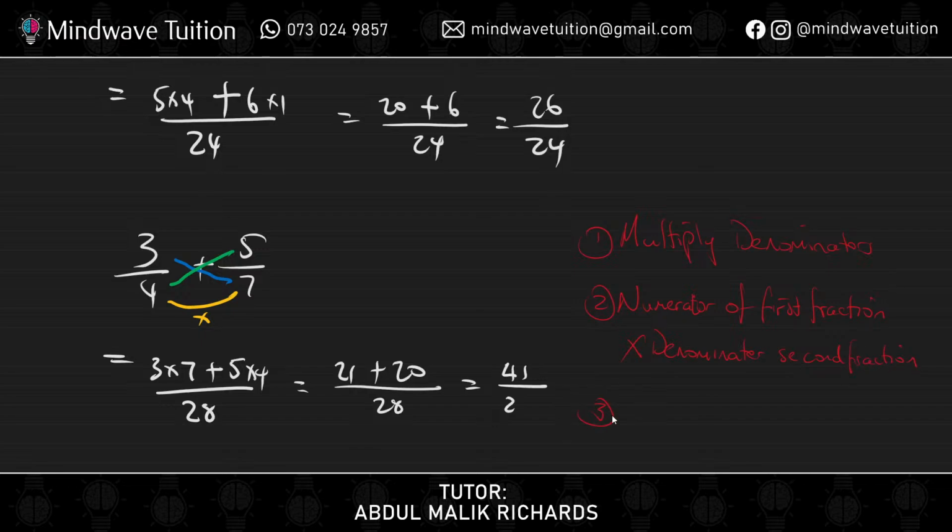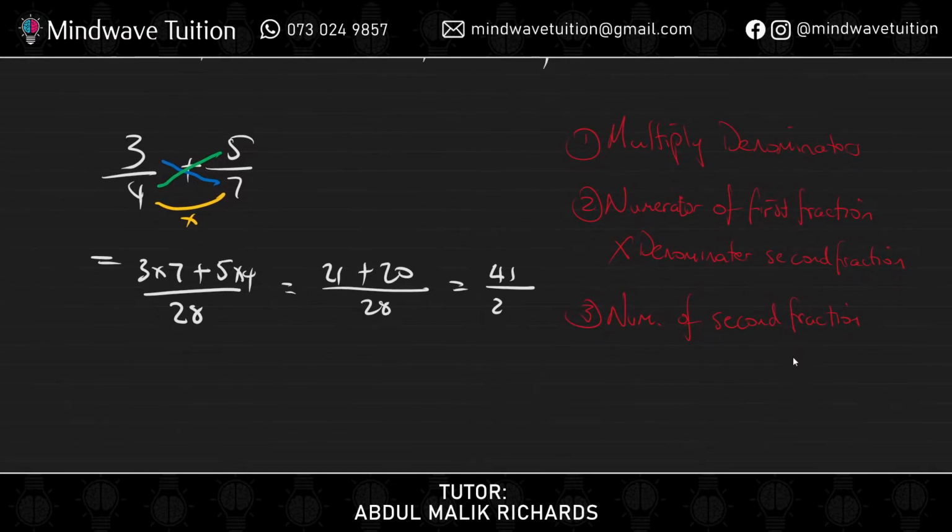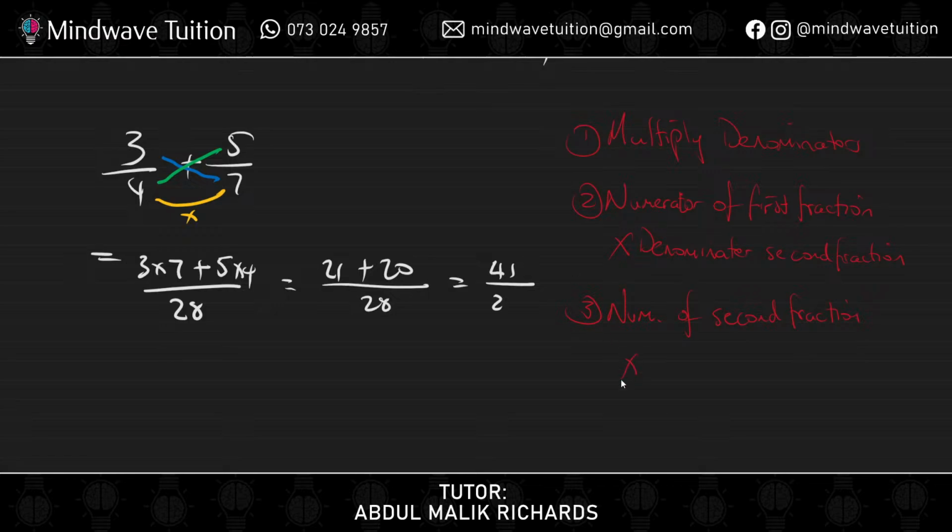And then the third one is going to be the numerator of the second fraction. And that's going to get multiplied by the denominator of the first fraction.